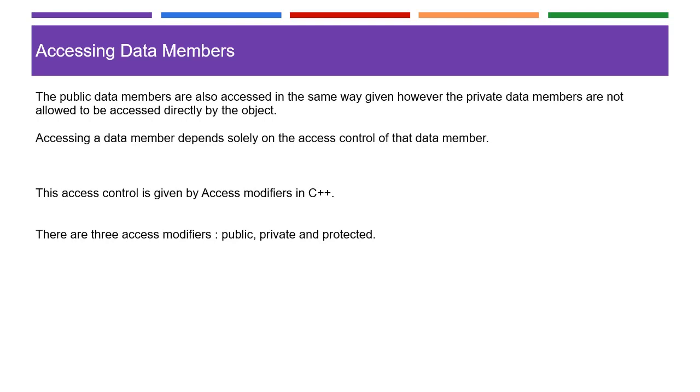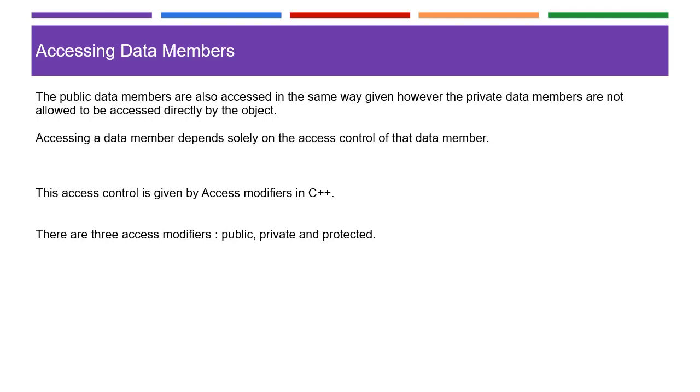Now let's understand how to access the data members. The public data members are accessed in the same way, using the object name dot member name. But the private data members are not allowed to be accessed directly by the object. So accessing a data member depends on the access control of the data members.